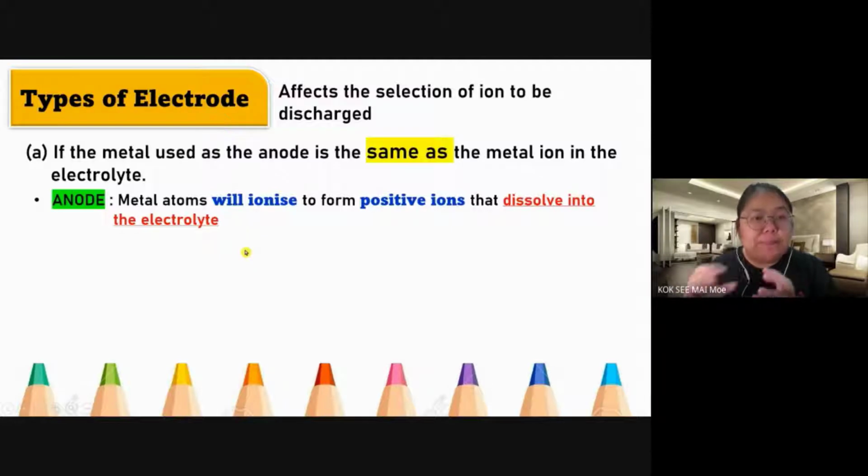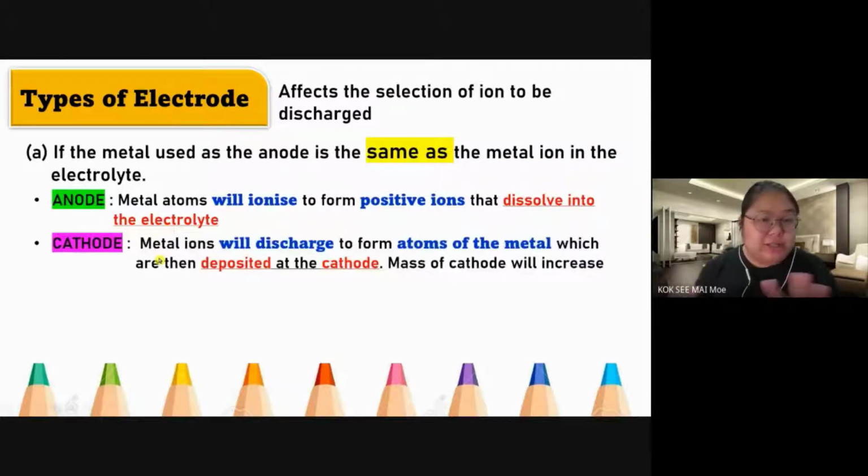So when the metal ionizes, it becomes smaller and lighter because some of the copper has ionized. They become positive ions and go into the electrolyte, so some of the copper dissolves into the copper(II) sulfate.